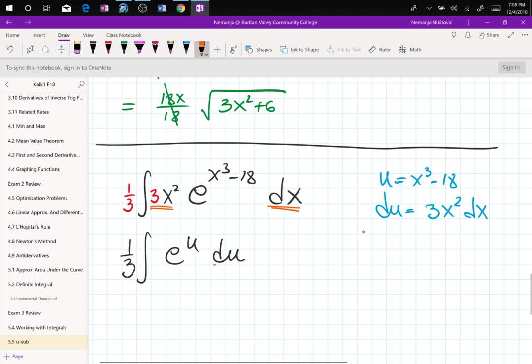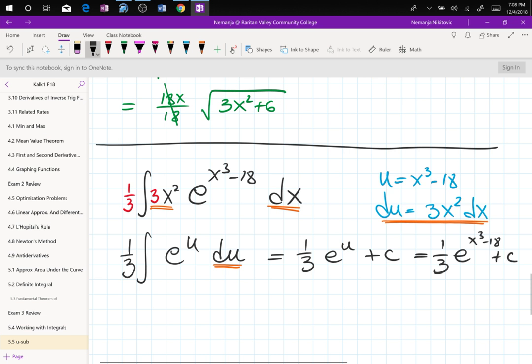These guys combined into du because of the transformation over there. And now we have 1/3 e to the u plus c. Now I don't care about u, I care about x. Plus c, and there you go.